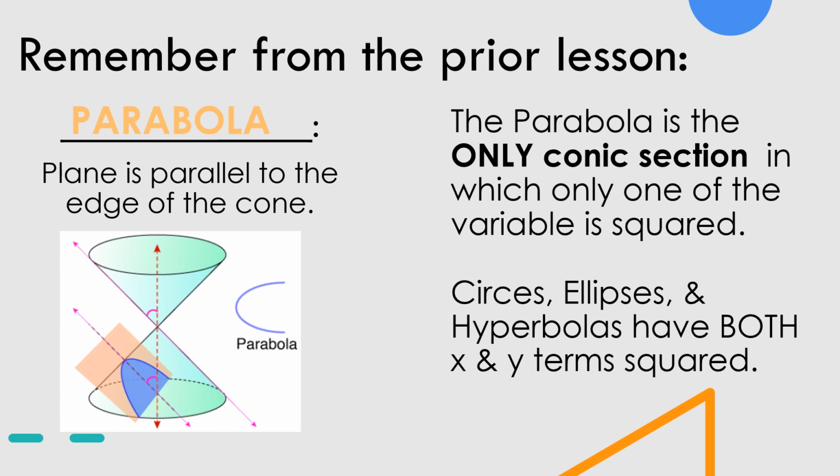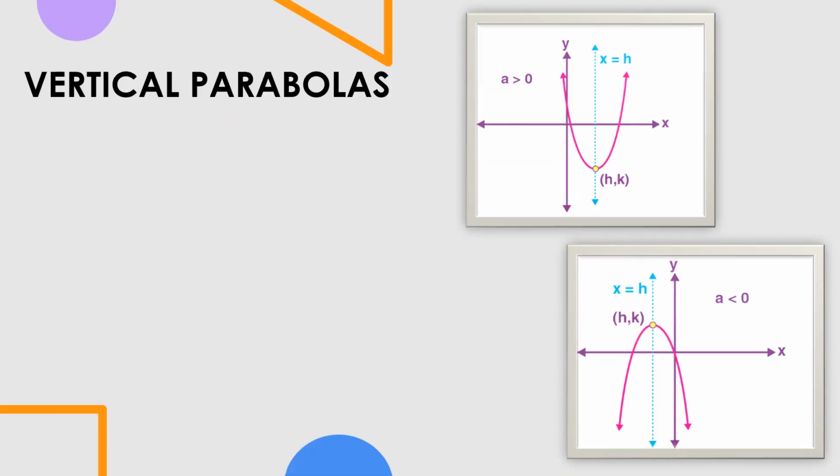Each of our other conic sections has an x squared term and a y squared term, but for the parabola, only one of the variables is going to be squared. So either the x will be squared or the y will be squared. And I'll show you what those equations look like.